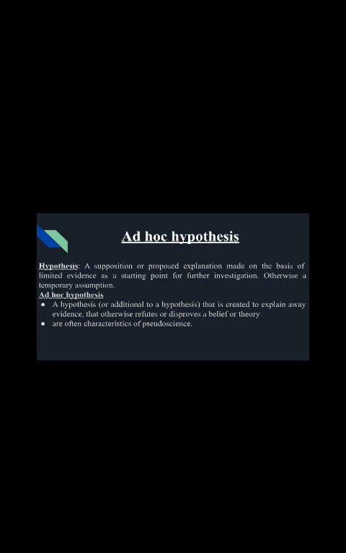So to avoid complete rejection of our hypothesis statement, we can add an additional statement known as an ad hoc hypothesis, so that we could make our hypothesis live longer. In a sense, we can say that. Okay, but ad hoc hypotheses are often products of pseudoscience, or we could say that they cannot be rationally explained.